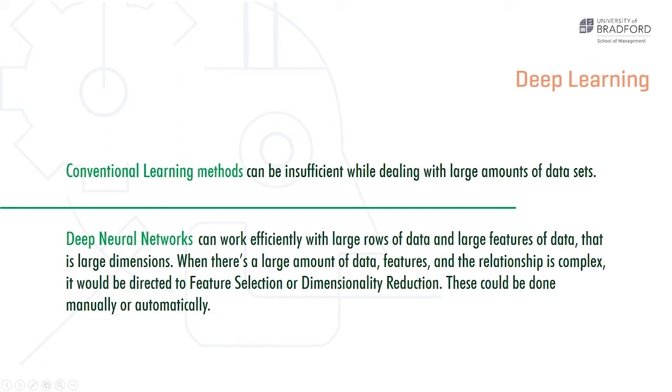These would be done either manually or automatically as a separate process. Deep learning comes into the scene here and creates almost a revolution in machine learning. Deep learning makes it possible to automatically discover useful features and also automatically reduce the dimensionality.